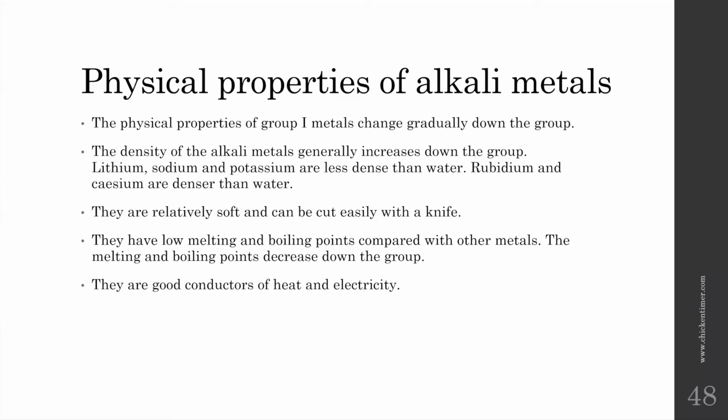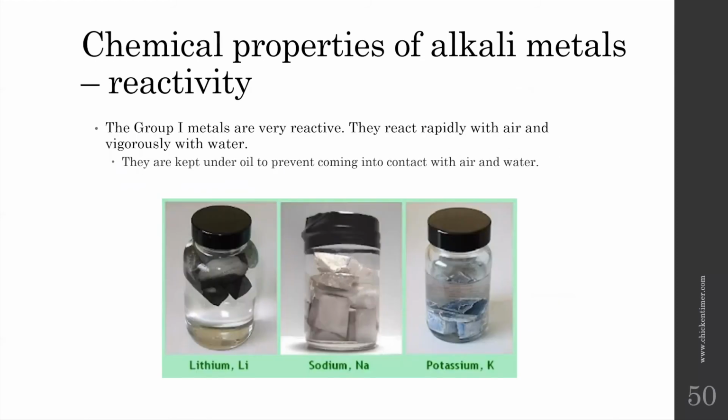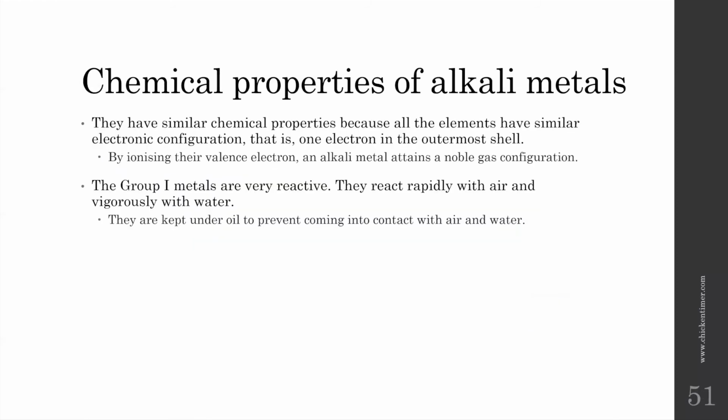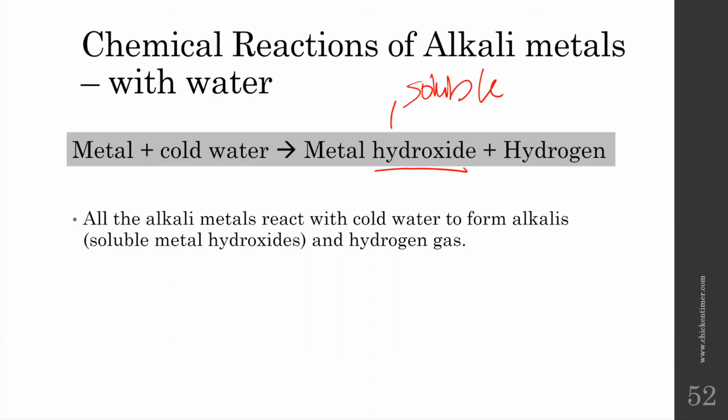So density increases down the group. They are soft and can be cut with a knife. Then they have low melting and boiling points compared to other metals, and they are good conductors of electricity. Then chemical properties: they all have similar chemical reactions. So they react with air and water vigorously.